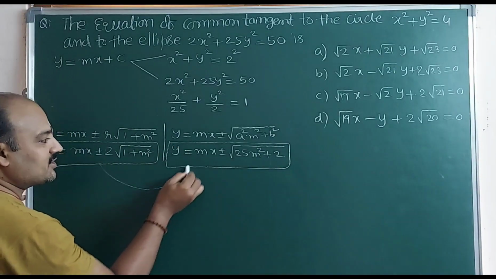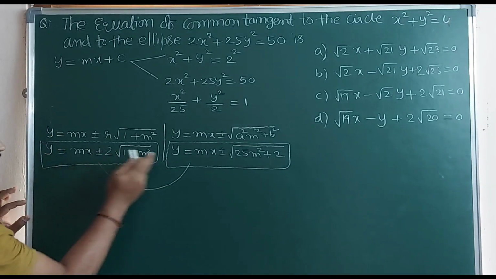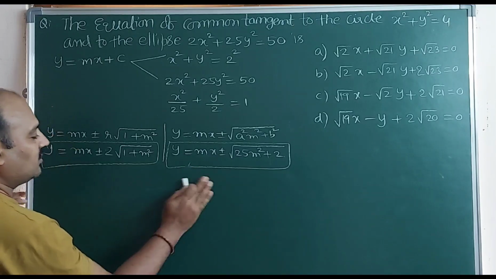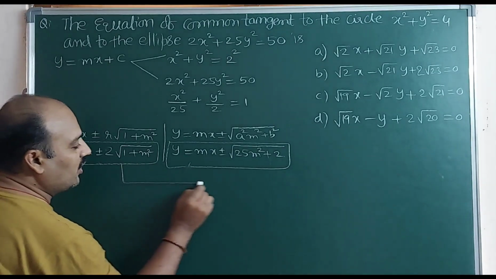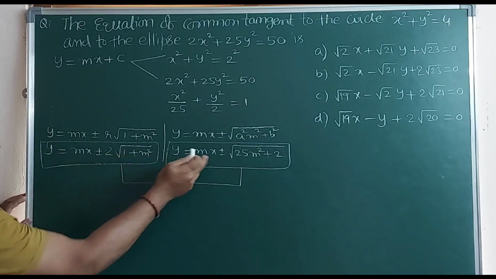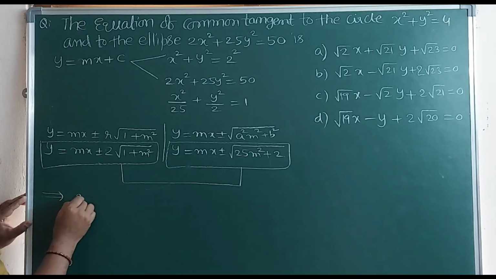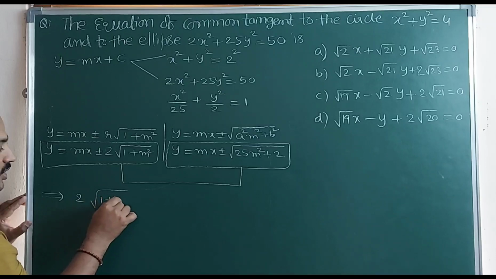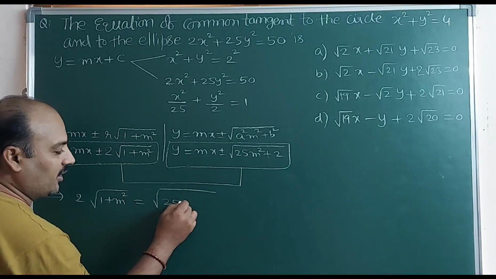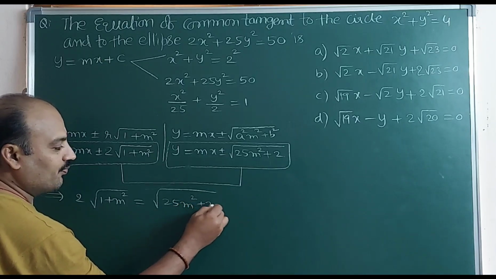Both are tangent equations only. In both equations, y is equal and mx is also equal, so we equate the constant terms. These two will be equal because they are tangents. So by equating these two, we get 2 root over 1 plus m square is equal to root over 25 m square plus 2.